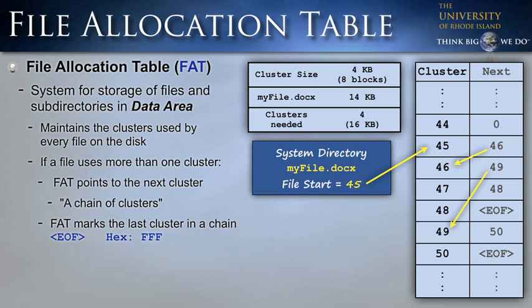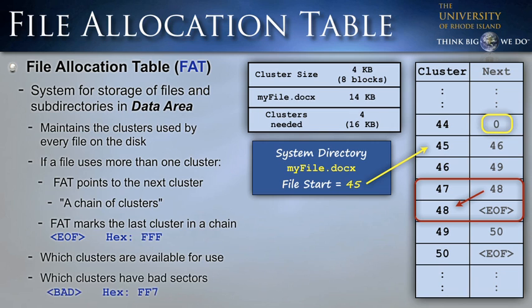This is necessary because as files are read, created, modified, and deleted, areas available on the disk for files may not be in consecutive clusters. The next cluster is cluster 50, and this cluster has an end of file entry, so this is the last cluster in our file. Notice here we have a small two-cluster file that is stored in between portions of the larger file. This is perfectly acceptable and actually quite common.